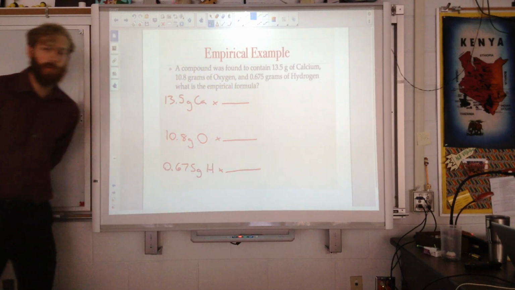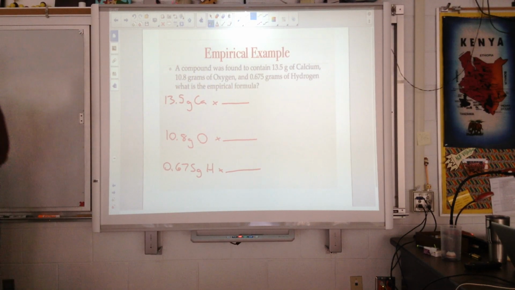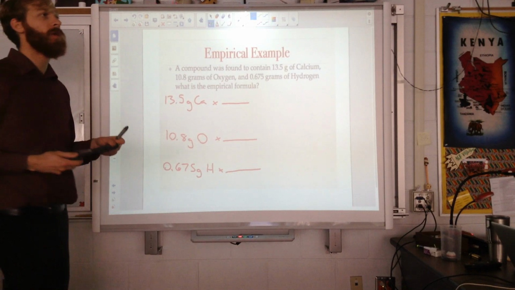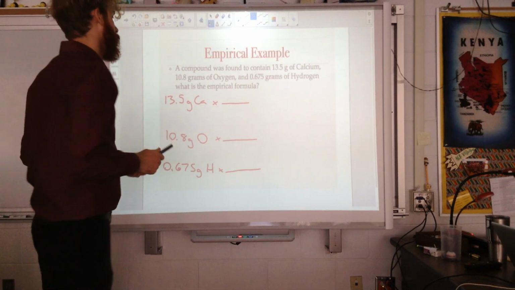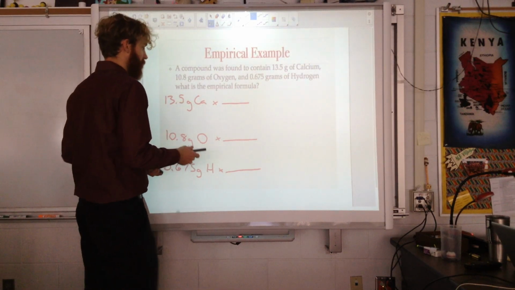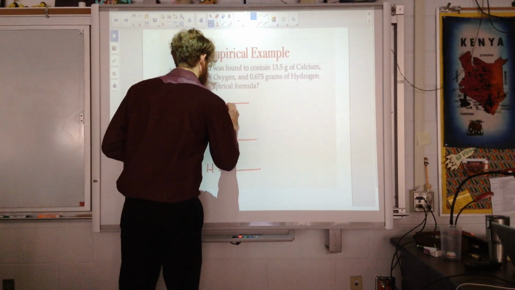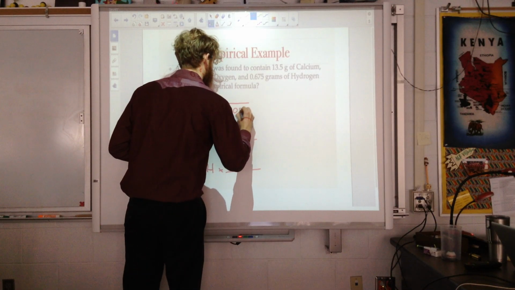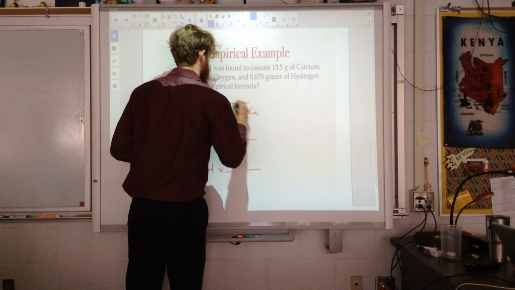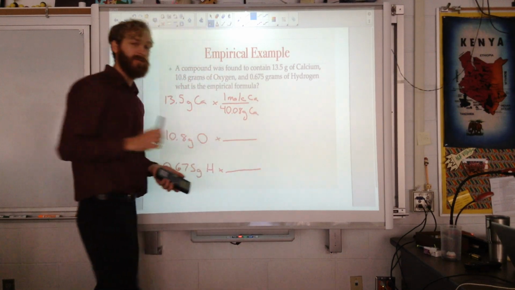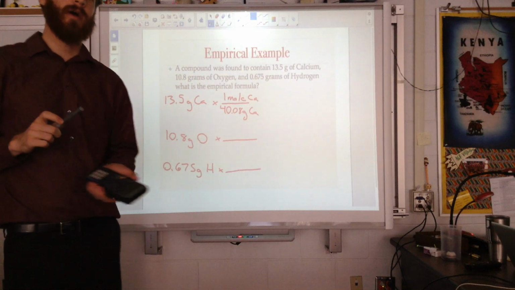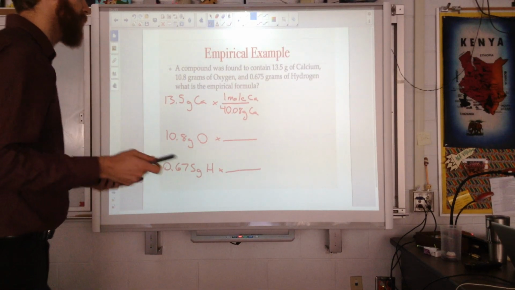The molar mass for calcium, when we look on our periodic table, is going to be 40.08 grams per 1 mole. We've got to put grams on the bottom because we need to get rid of grams. So we'll put 40.08 grams of calcium gives us 1 mole of calcium. Now, it is very important that you include your units.